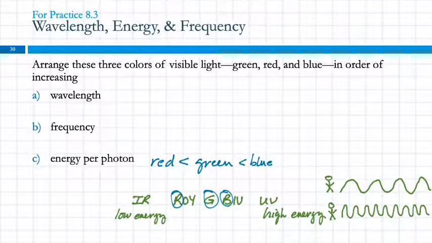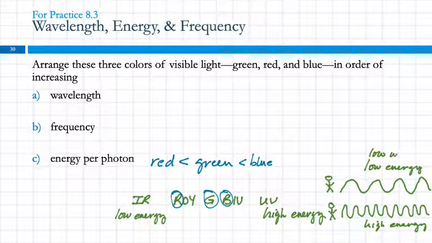So then I look at this one and I say, well, this is high energy. And this one up here is low energy. Which one of those has the longer wavelength? The one on top. This is the short wavelength, right?